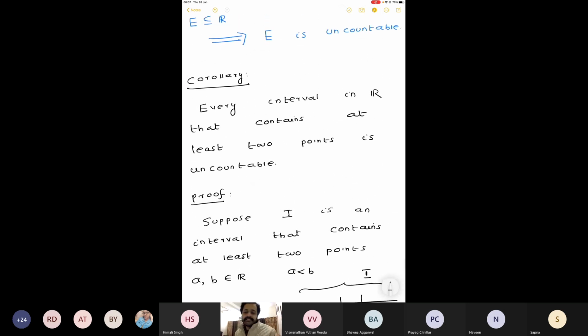I find this result very interesting in the sense that it reveals an application of outer measure to a result which is apparently unconnected with it. Uncountability is nothing connected with outer measure. Outer measure is something different, but you could derive uncountability of certain things using the outer measure idea.